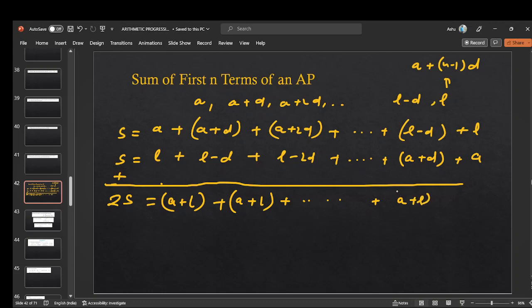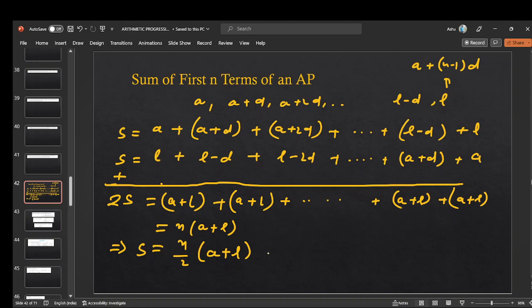So we get n times a plus L. That is clear, because these are n terms. So we can write n into a plus L. Clear? Right? Now what is the value of S? n by 2 into a plus L.